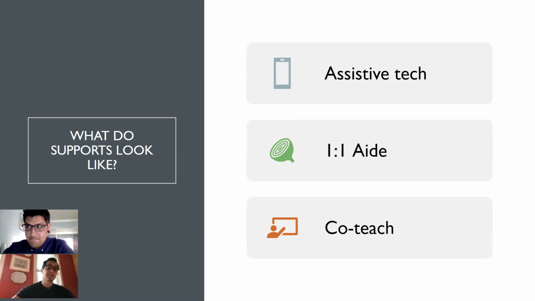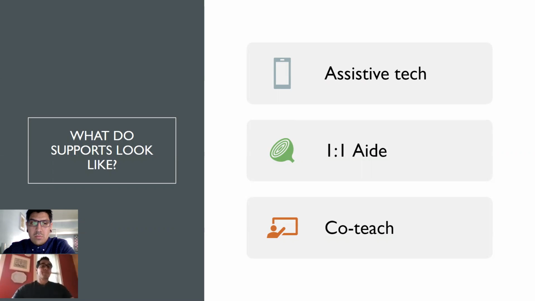And the last support would be a co-teach. This is also a more popularized idea, where we have a general education teacher and a special education teacher working together in a collaborative setting in the same classroom, where the general education teacher is the master of the content and the special education teacher is the master of access.